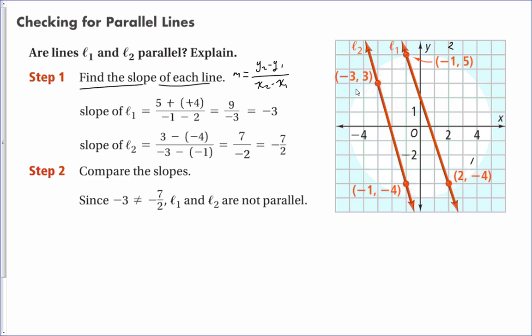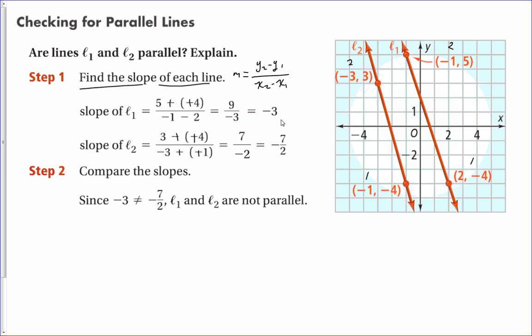Now do the same thing for the second line. Looks like they did this point 2 and this point 1. So 3 minus negative 4, double negative is positive, so 7. And then 3 minus negative 1, again, double negative is a positive. So 7 over negative 2, which equals negative 7 halves.